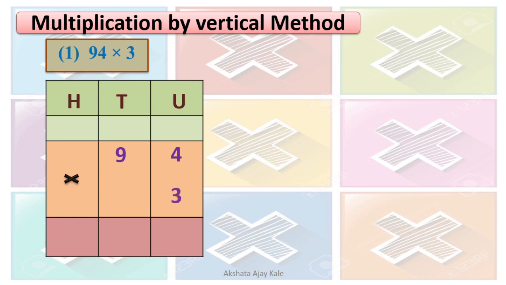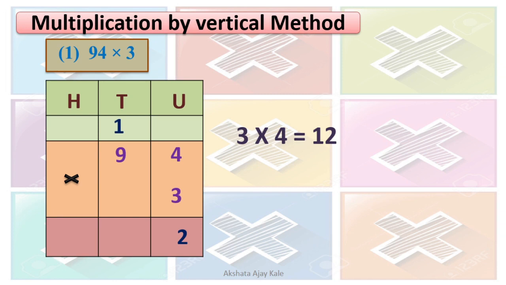Correct? 3 is the multiplier. Now here 3 4s are. Right? First one is 3 4s are how much? 12. Again 2 numbers are there. So what we will do? 2 we will write here and 1 is carried over to the tens place.